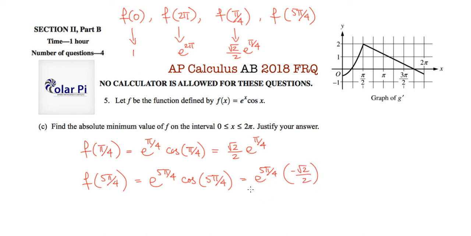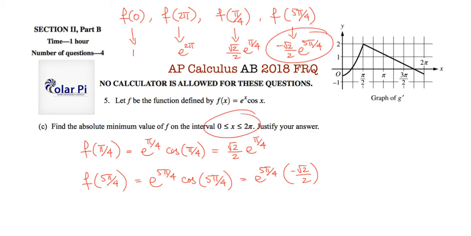And so we know that the value at 5 pi over 4 for f is a negative number, and none of the others are negative, so this has got to be the smallest. So this is negative root 2 over 2 times e to the 5 pi over 4. And so the absolute minimum value of f on this interval is this number right there, yeah?